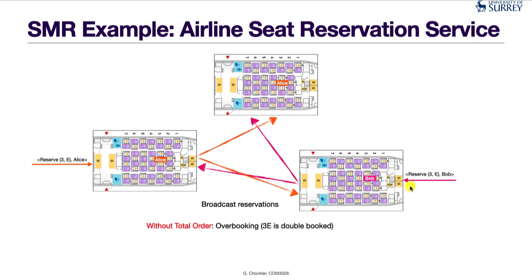Both Bob and Alice are trying to concurrently reserve seats, and if they try to concurrently reserve the same seat, which is 3E, then some of the replicas, like this replica here, will get Bob's request first and will assign 3E to Bob, and this replica will get Alice's request first, and they assign 3E to Alice.